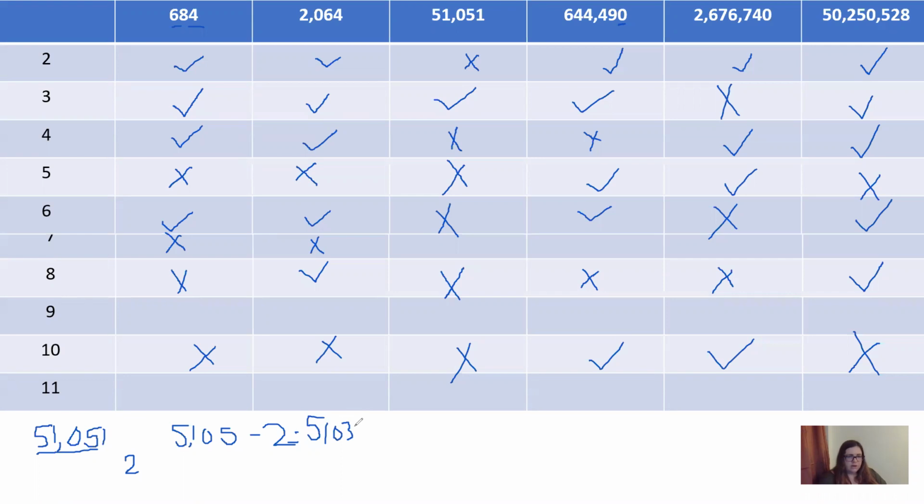And so that's not broke down enough, so we're going to take the 3 and double it. So now we have 6. So now we have 510, the remaining, minus 6 equals 504.